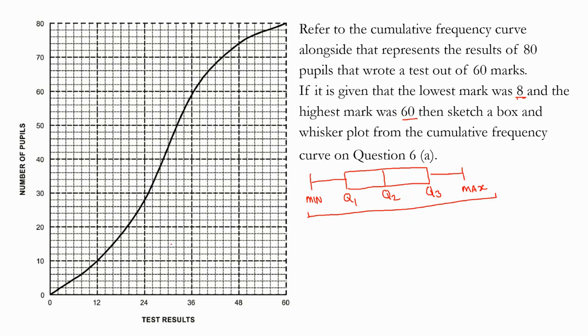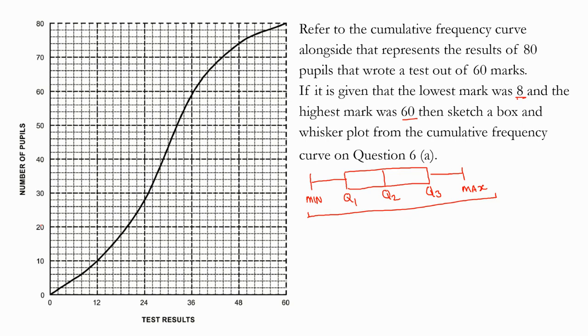So now for the lower quartile, we need to find the quarter of our data set. We have 80 learners, so we have to get 1/4 of 80 to get the lower quartile position, not the actual lower quartile. We're going to get the positions from that, okay? And then the median is half of 80.